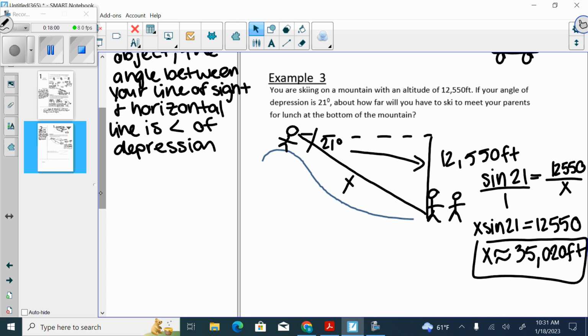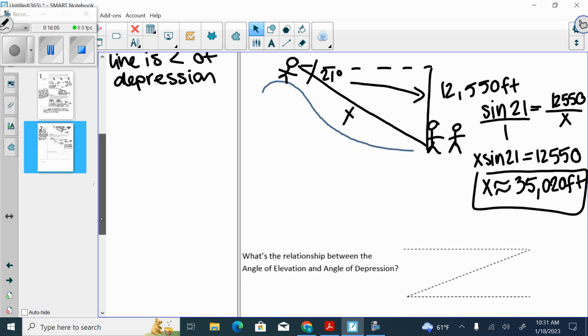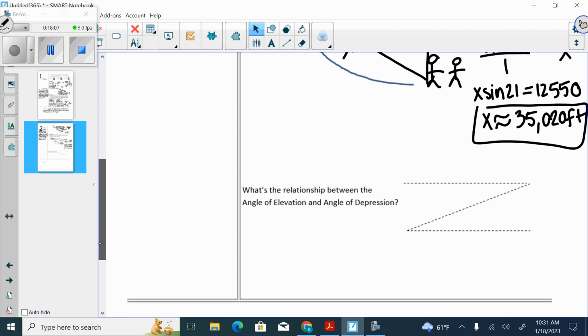All right, so now they want us to come up with a relationship that we notice between the angles of elevation and depression. So, elevation and depression, both of them, you've got to have a line of sight. And for both of them, you have to have a horizontal line, right? So that's up here, and down here at the ground.